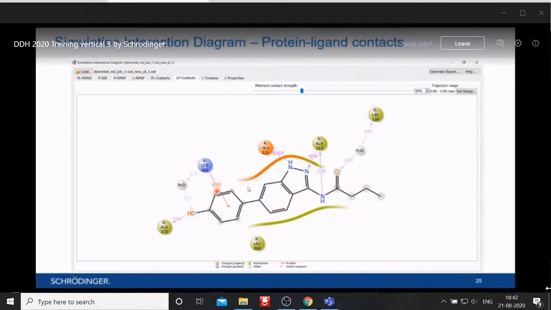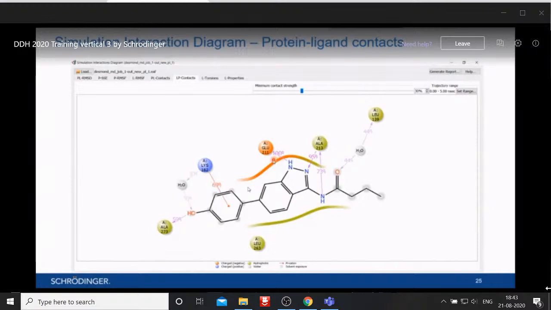But because molecular docking is about only a static structure, these percentages are not involved in it because it is just for one structure. But here, this interaction diagram is for the entire MD simulation. So for example, you can see here the ligand molecule represented in 2D, and there is a hydrogen bonding interaction represented in magenta color, and you can see the number is 100%.